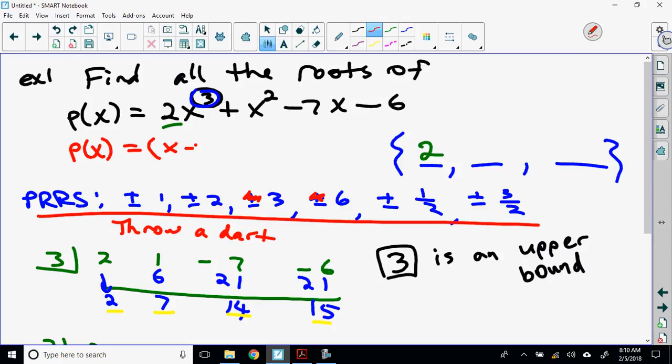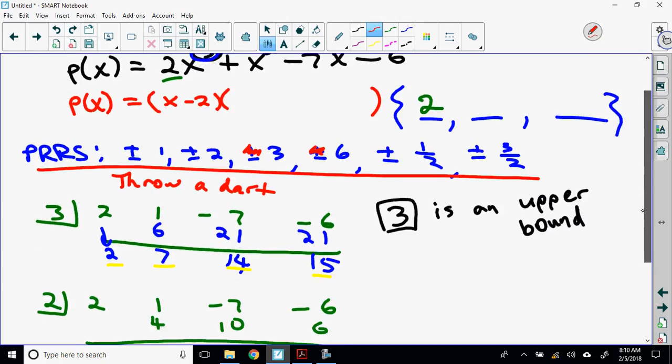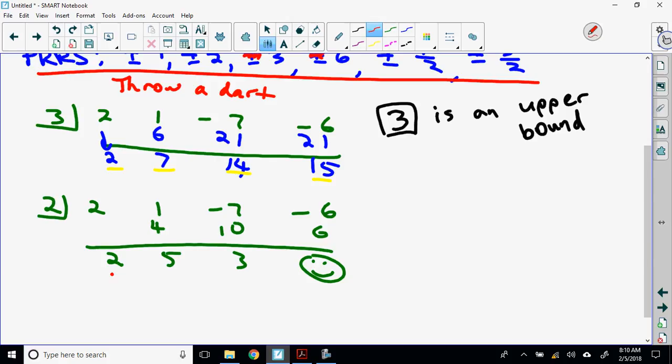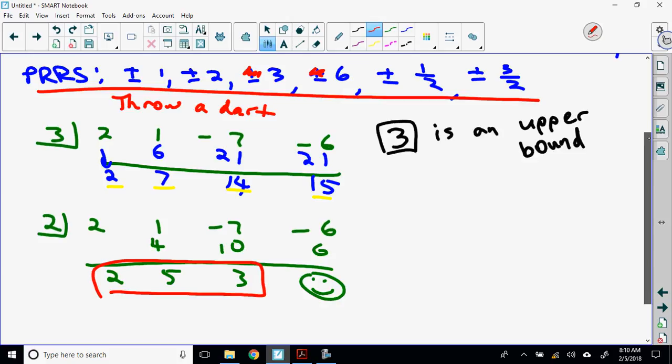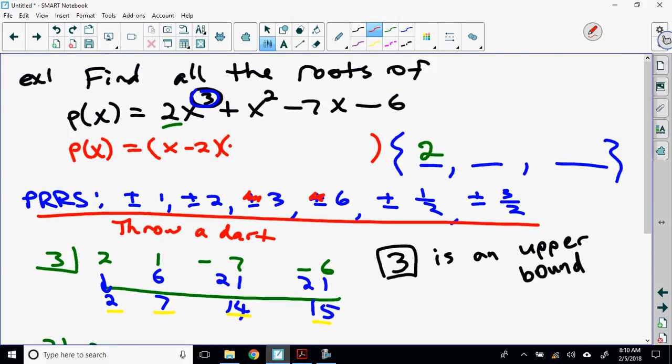So x minus 2 is a factor, and all that stuff on the bottom, this 2, this 5, and this 3, that quotient is the other factor, and that quotient then is 2x squared plus 5x plus 3.